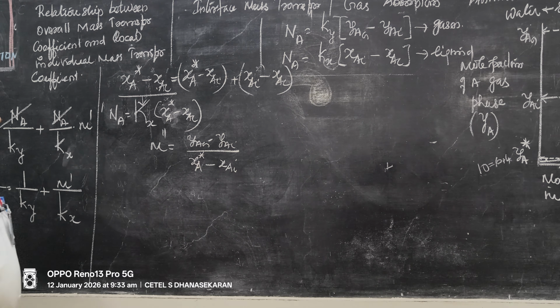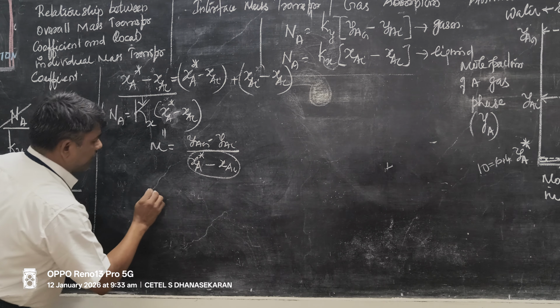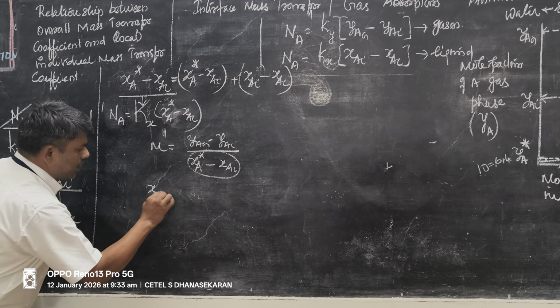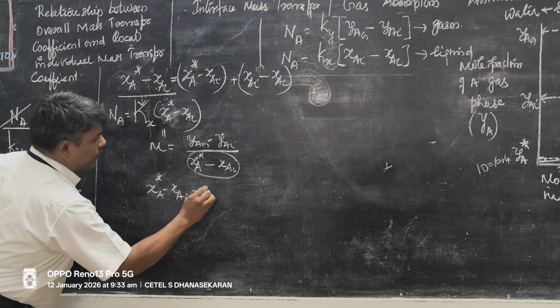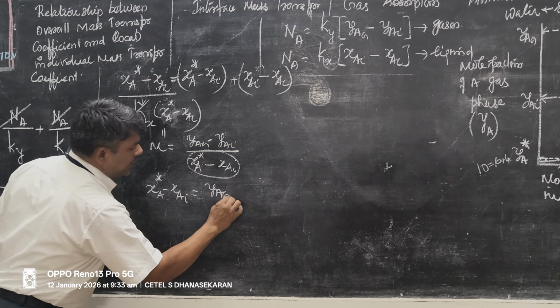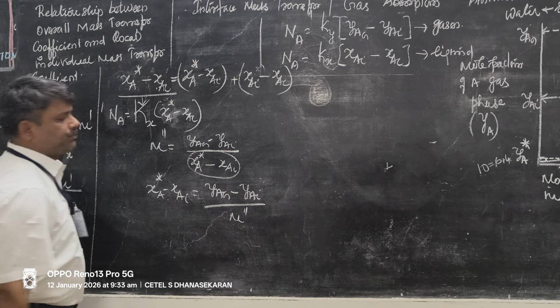Clear? I am in need of xA star minus xAI. Hence, xA star minus xAI is equal to yAG minus yAI divided by m double prime.